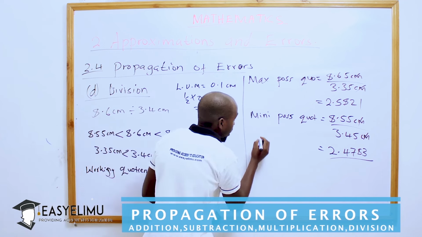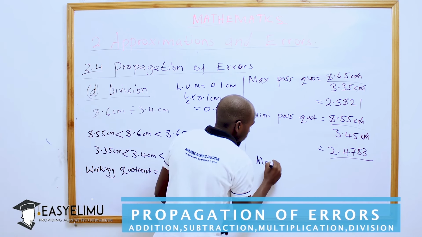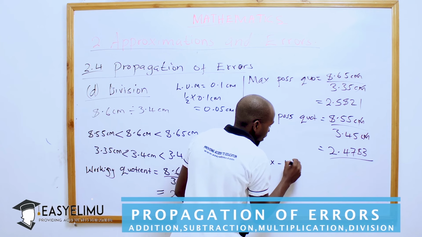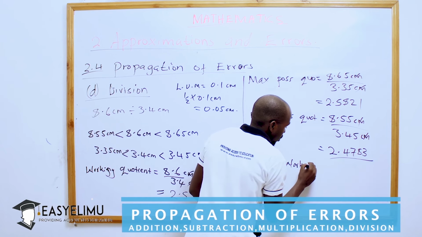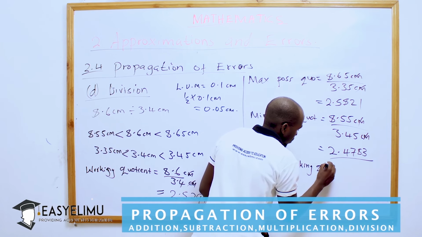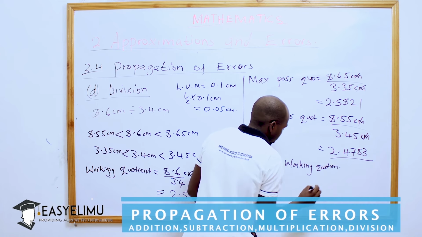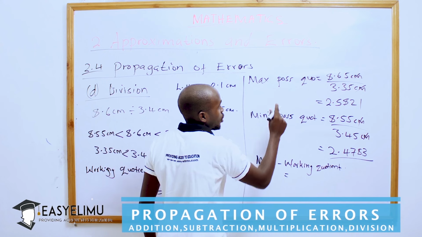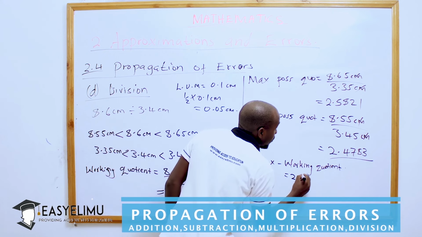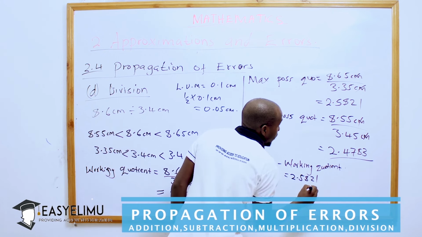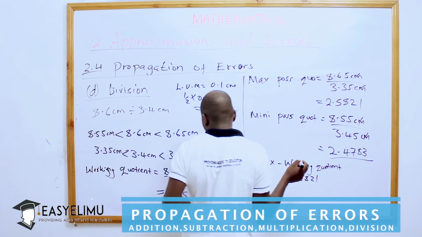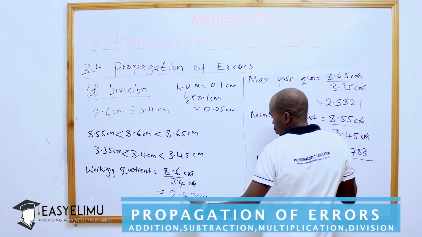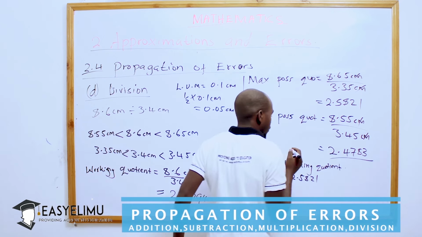For example, we can start with the maximum quotient minus the working quotient. The maximum quotient we have is 2.5821, and the working quotient here we had 2.5294.